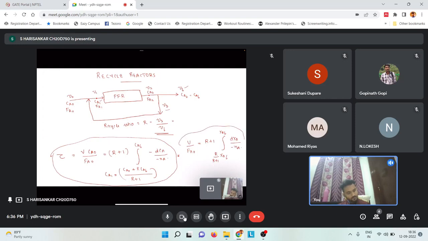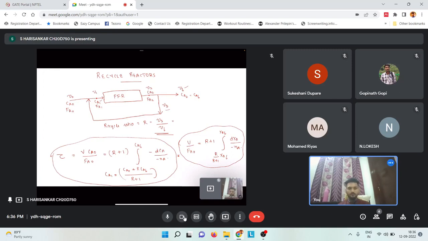So this is also a form of the design equation that we can derive for a recycled PFR by using material balances. Just take a note of this formula, and I would suggest you try to work out the material balance and see how we can derive this formula for a recycled reactor.